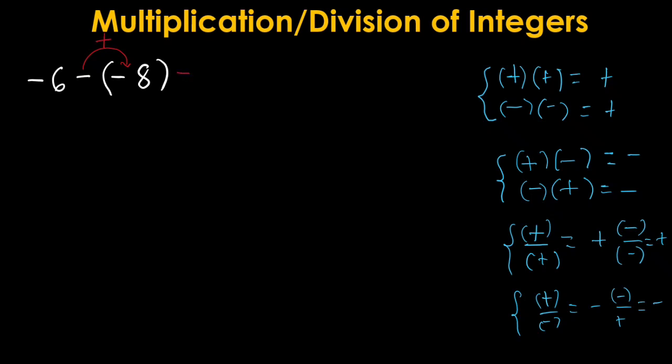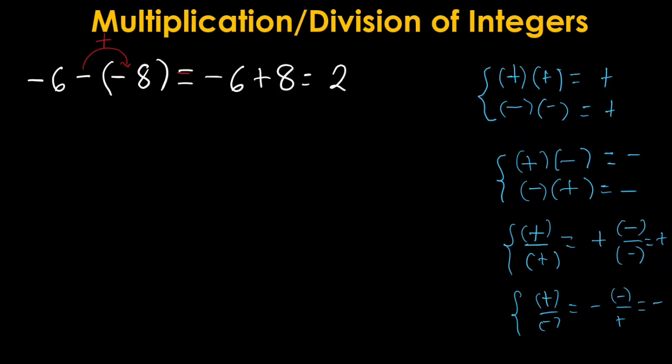Hence, you have negative 6 plus 8. Now, we'll apply the cash and debts principle. You have a debt of 6 and you have a cash of 8. You make a payment and you have 2 left of your cash, a positive 2. No need to write the positive sign in that case.